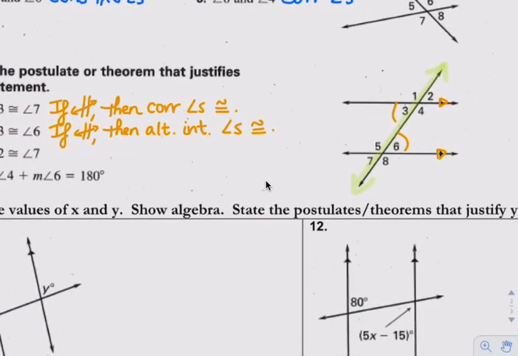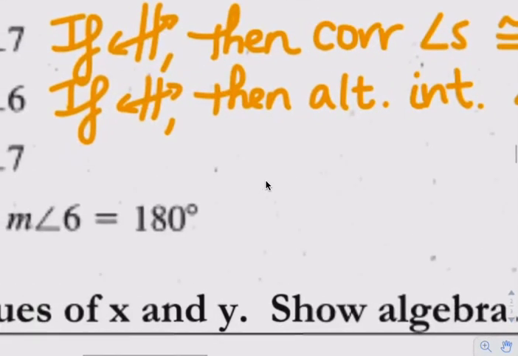All right, 2 and 7. What kind of angles are angle 2 and angle 7? Well, they'll be congruent because you have parallel lines cut by a transversal, and the alternate exterior angles are congruent.